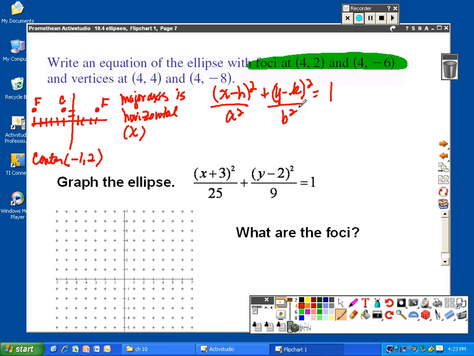So far, I have this horizontal distance of c. So this distance is 5. The other piece of information I have says the vertices are at 4, 4, and 4, negative 8. So let's go back here. 4, 4.